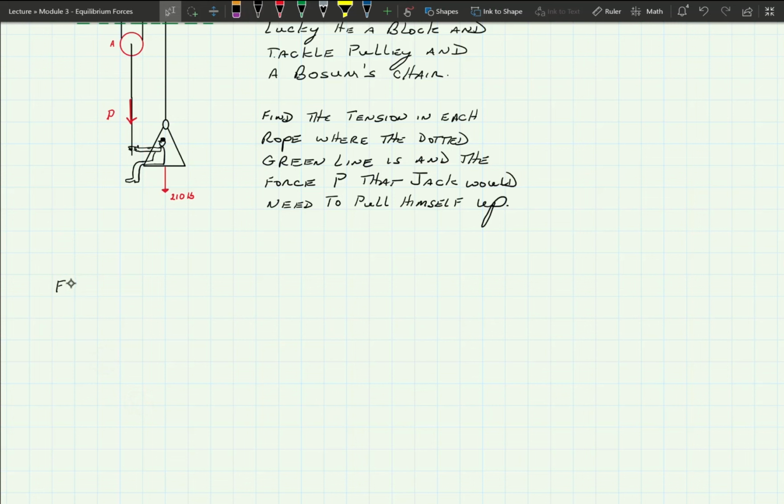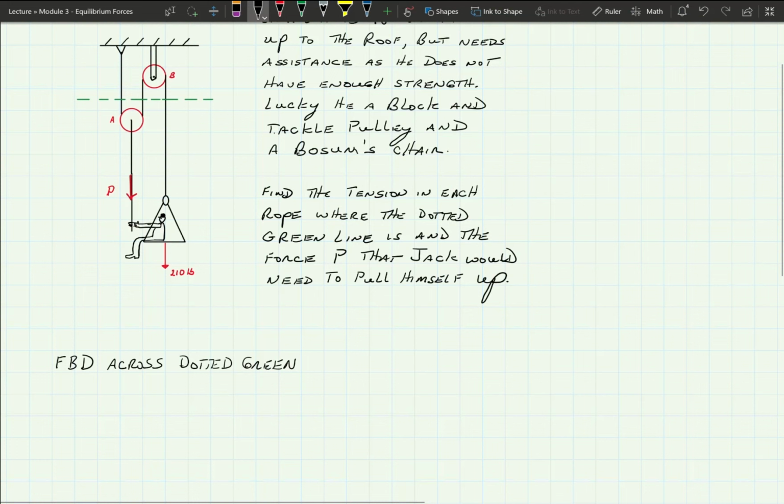We're going to take a look at a free body diagram across the dotted green line, and I'm going to show you something else here to make your life a little simpler.